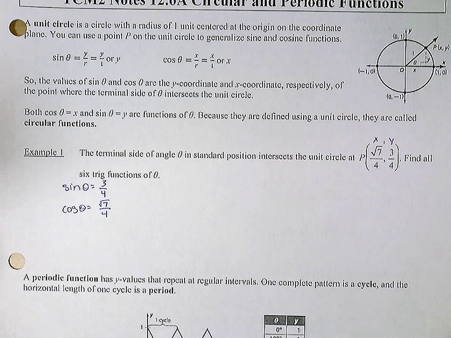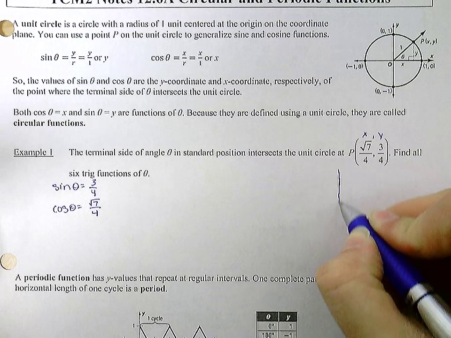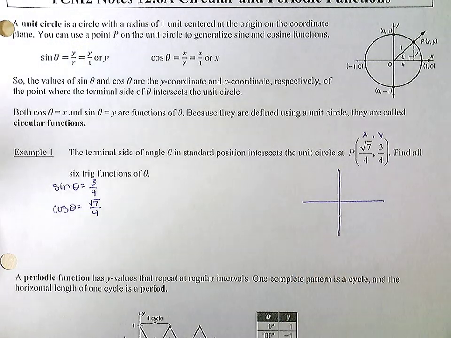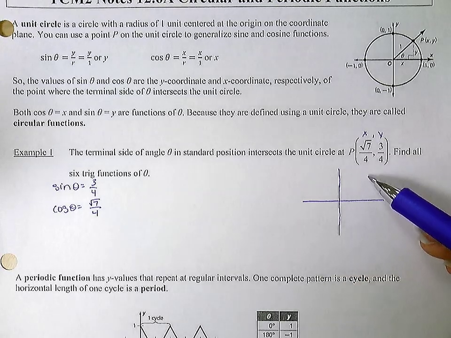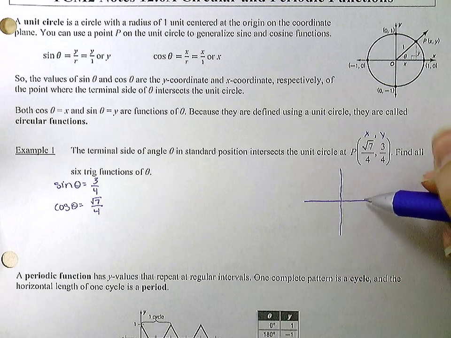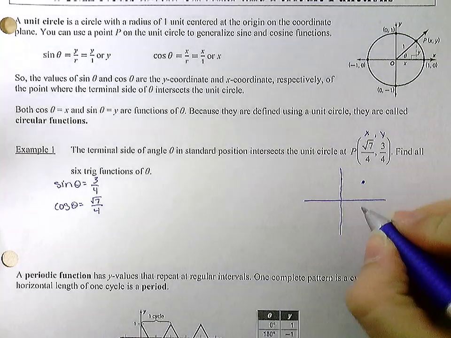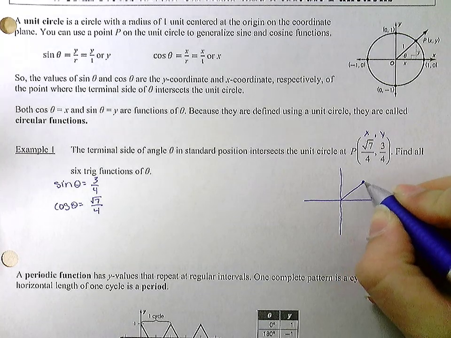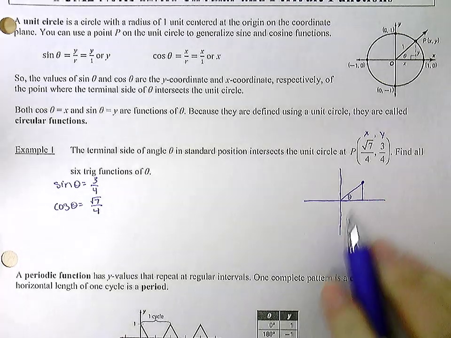Now to find tangent, I am going to graph this point P. Both of these are positive, so it is in the first quadrant. If I go square root of 7 over 4 and then up 3/4, it doesn't have to be exact, just as long as you're in the correct quadrant. You create this triangle, where theta is this angle.